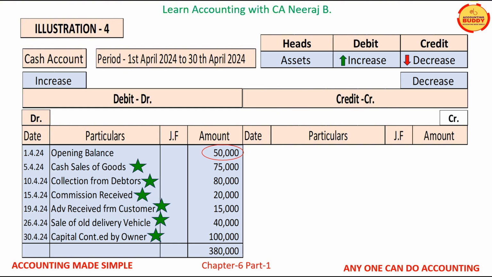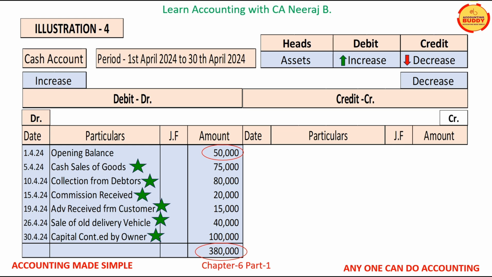Now on debit side of the cash account, with opening balance of 50,000 and after adding all the cash amounts received during the period of April 24, the total value is 380,000.